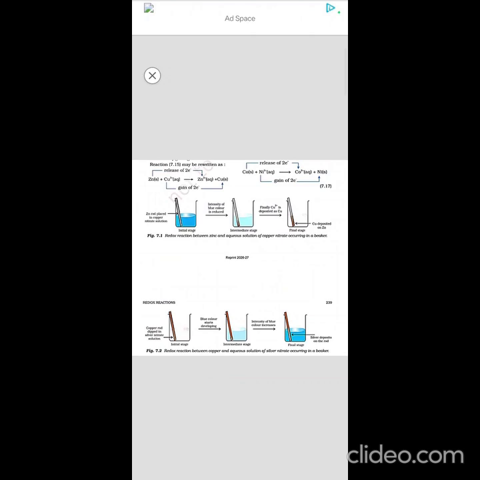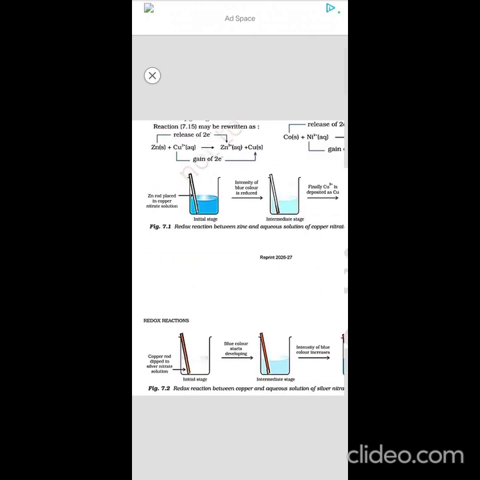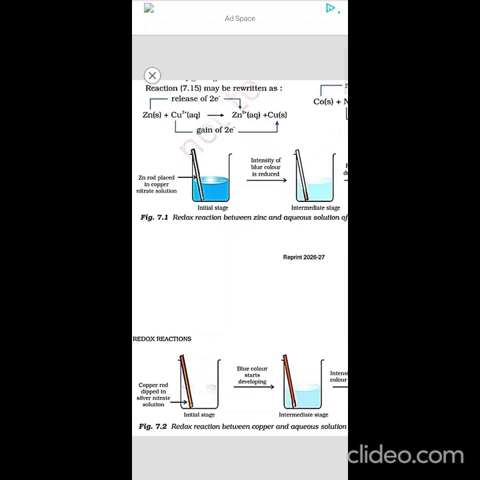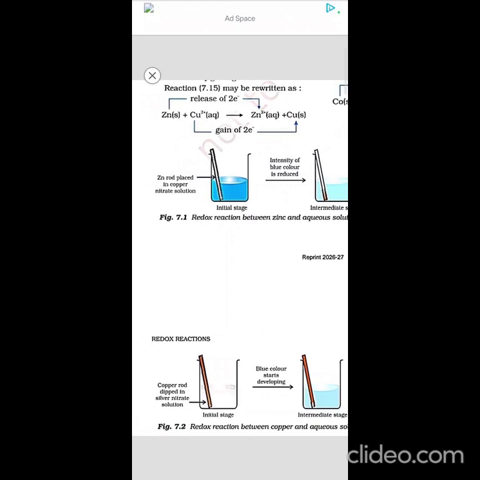If we write the ionic form of the equation, it will be Zn plus Cu2+ gives Zn2+ plus Cu. Here zinc loses 2 electrons to form Zn2+. So loss of electrons is oxidation, so zinc is oxidized to Zn2+.